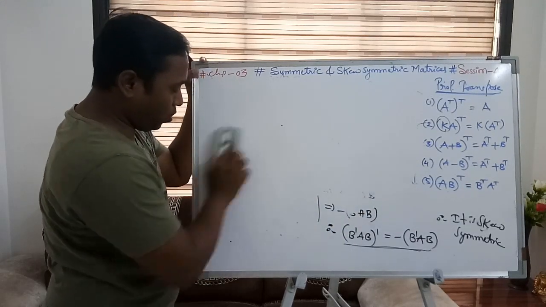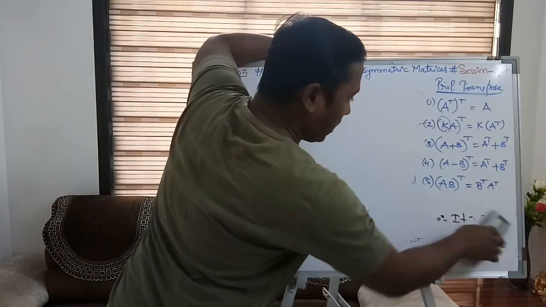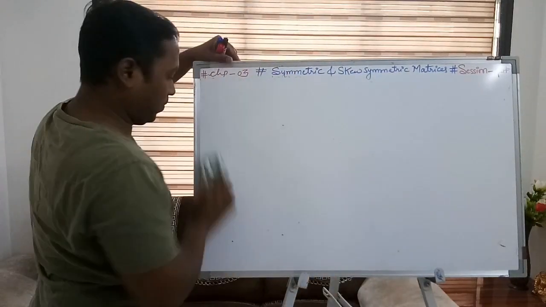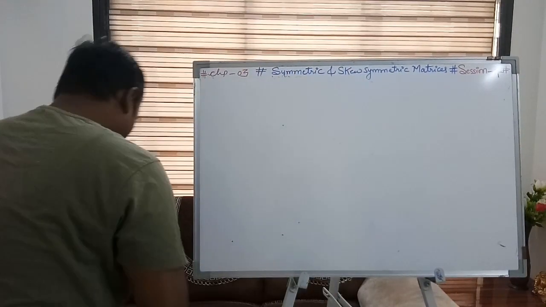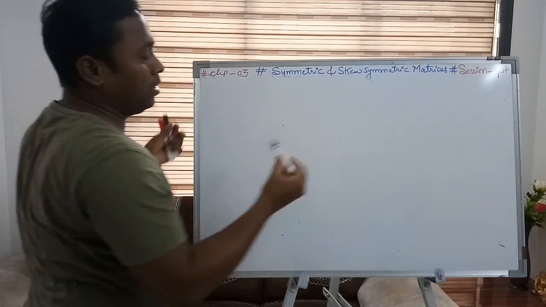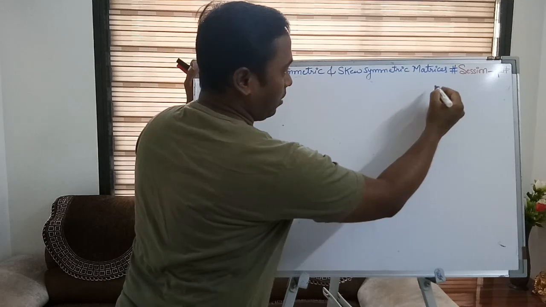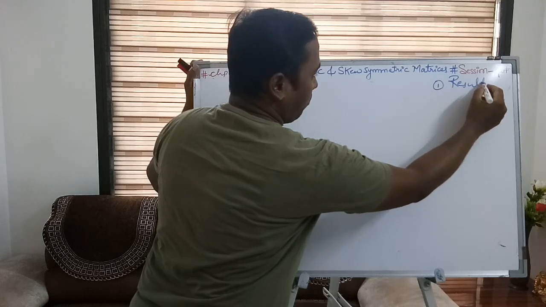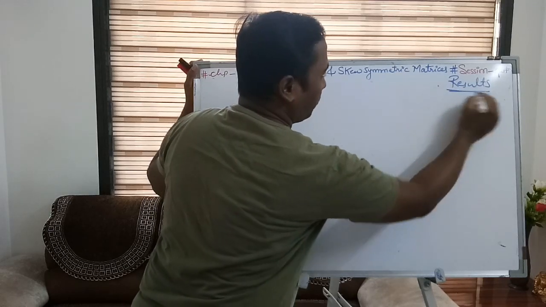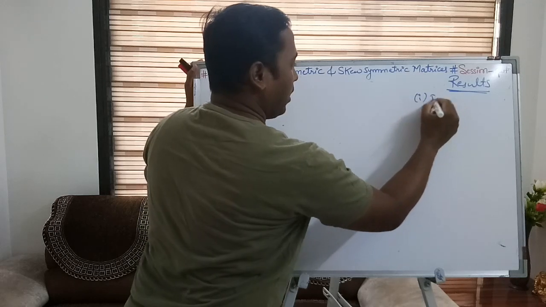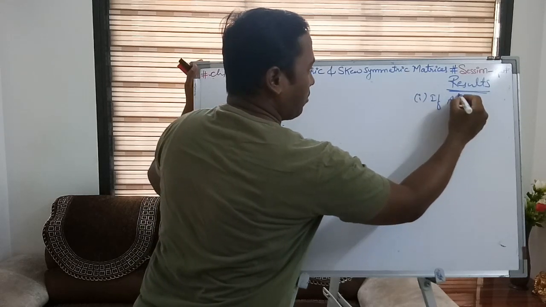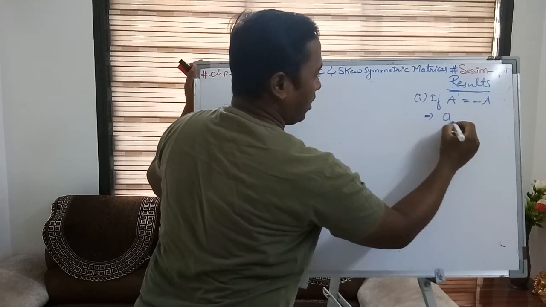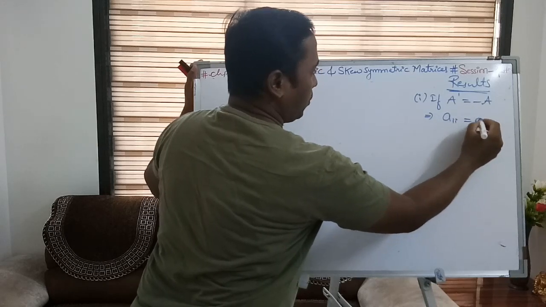Okay, so what are the important results we have proved in this session? Let's have that here. The first result: if A is skew symmetric, means A dash is equal to minus A, it implies that a_ii is equal to 0.